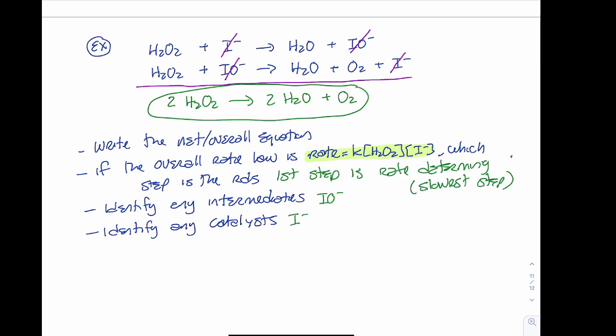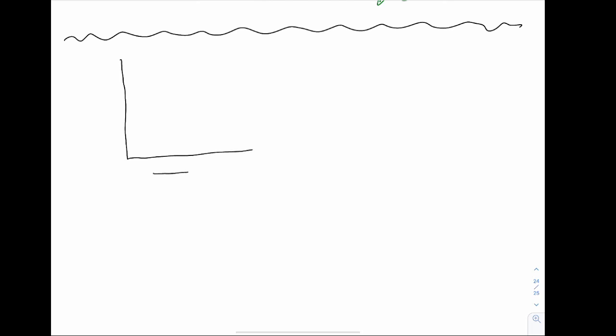I do want to revisit energy diagrams here real quickly. Remember when we were doing energy diagrams the other day, we said that it's a graph of our energy versus our reaction progress. And the ones that we were looking at previously all were single step reactions. So no intermediates, no elementary steps.